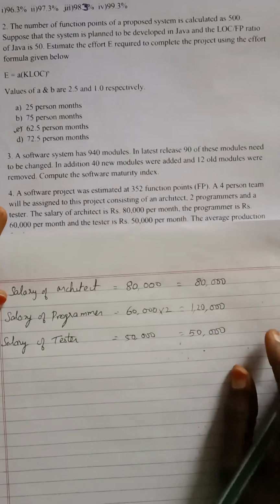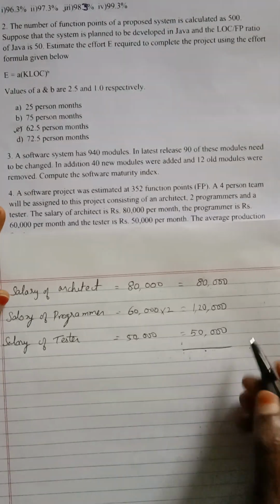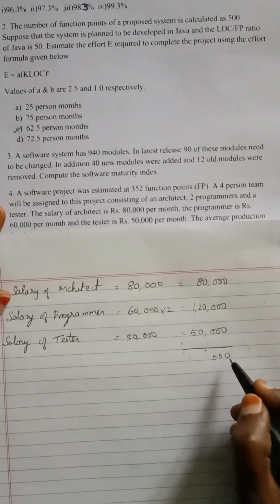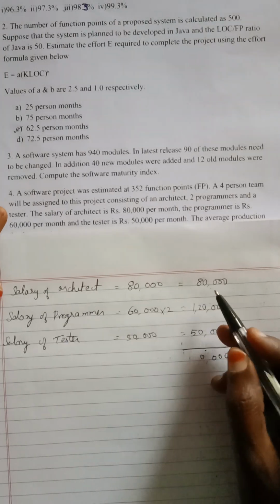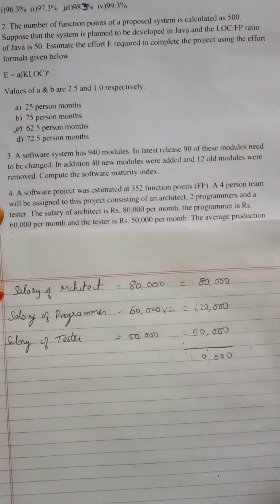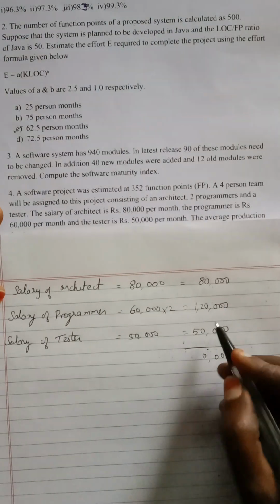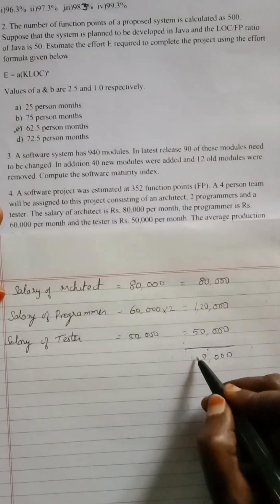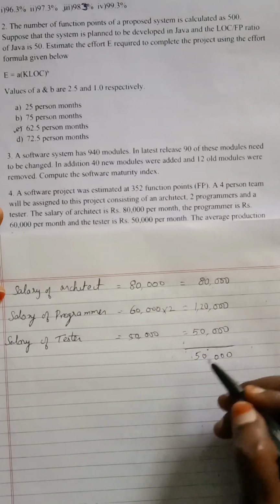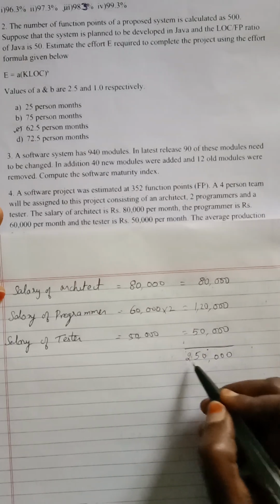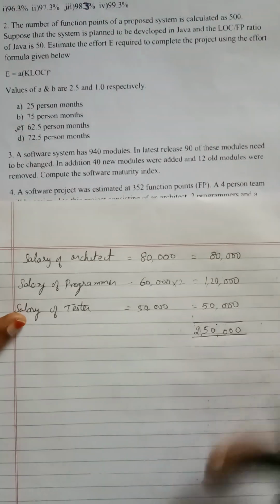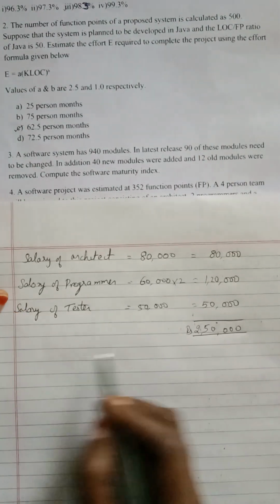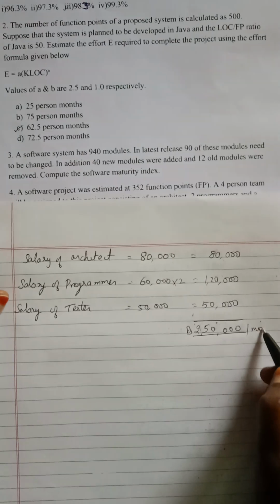So if we add all these, the total value will be 2,50,000. This is for 1 month, per month.